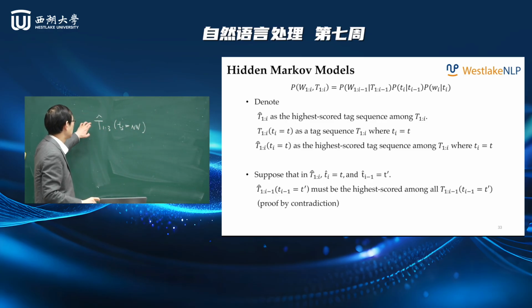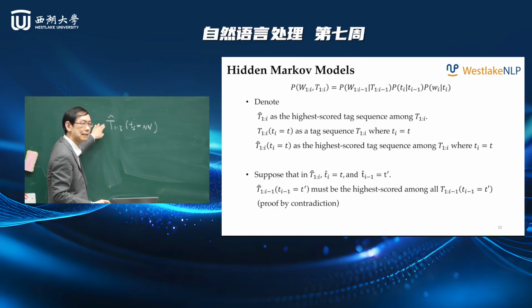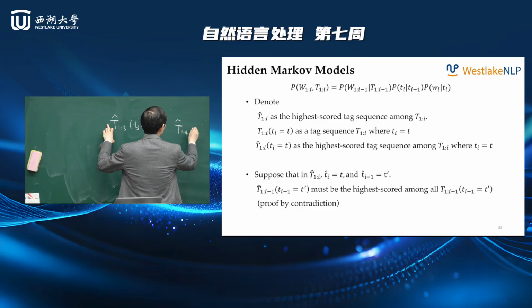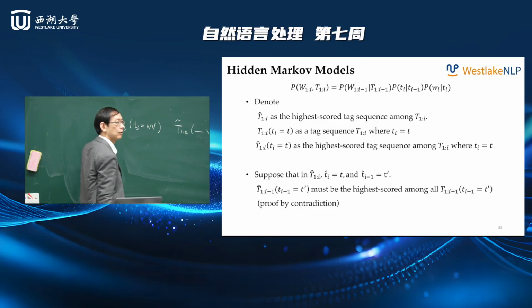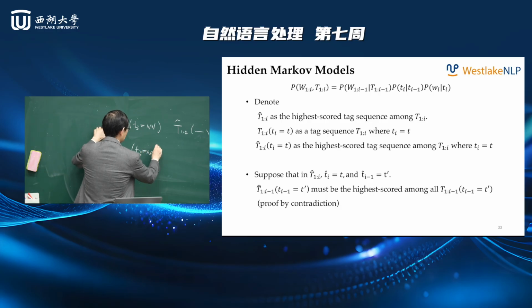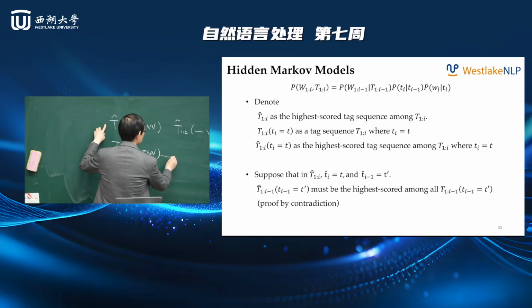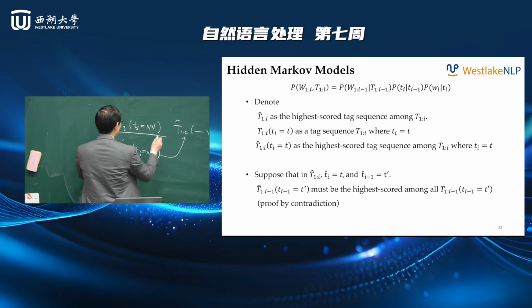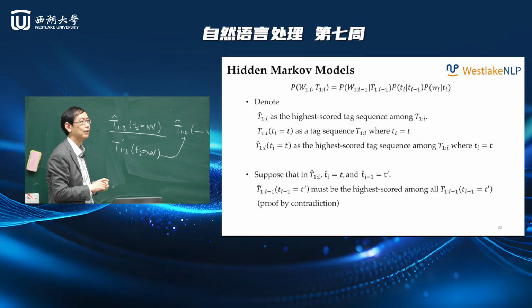Okay? If this sequence is contained in t hat 1 to 4, with some constraint, okay, then you cannot find a t prime 1 to 3 where t3 is also a noun that leads to something better than what t hat 1 to 3 where t3 is a noun can lead to. Okay?